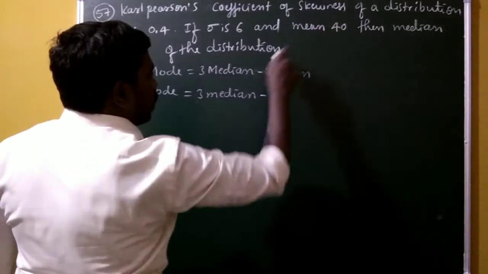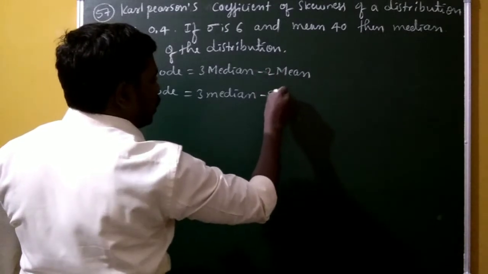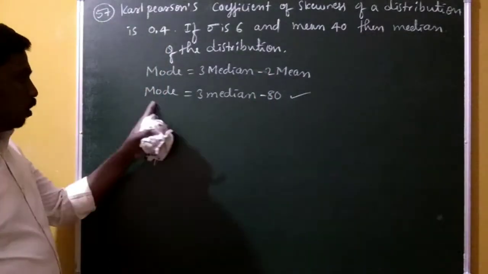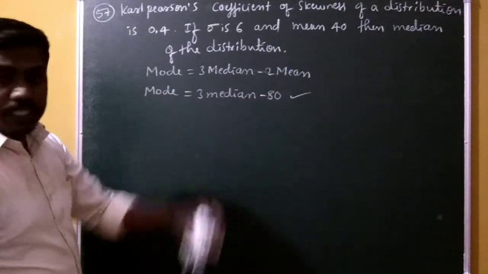The mean is 40, so 40 into 2 is 80. So mode is equal to 3 times median minus 80.